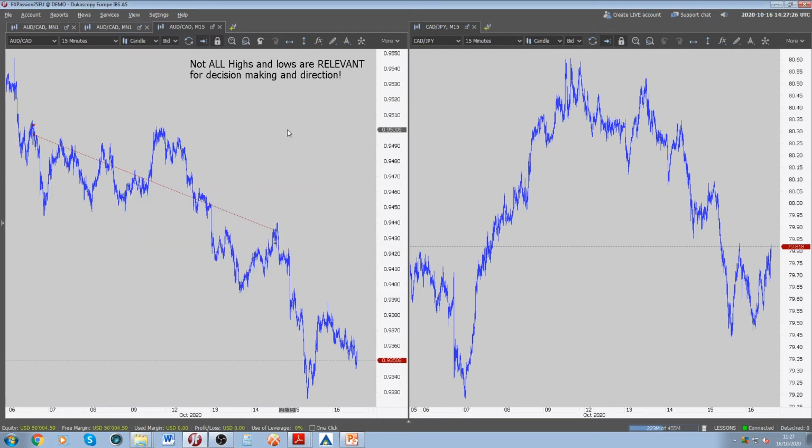We are in a downtrend for AUD-CAD short. Anybody else? Does anybody want to buy AUD-CAD?